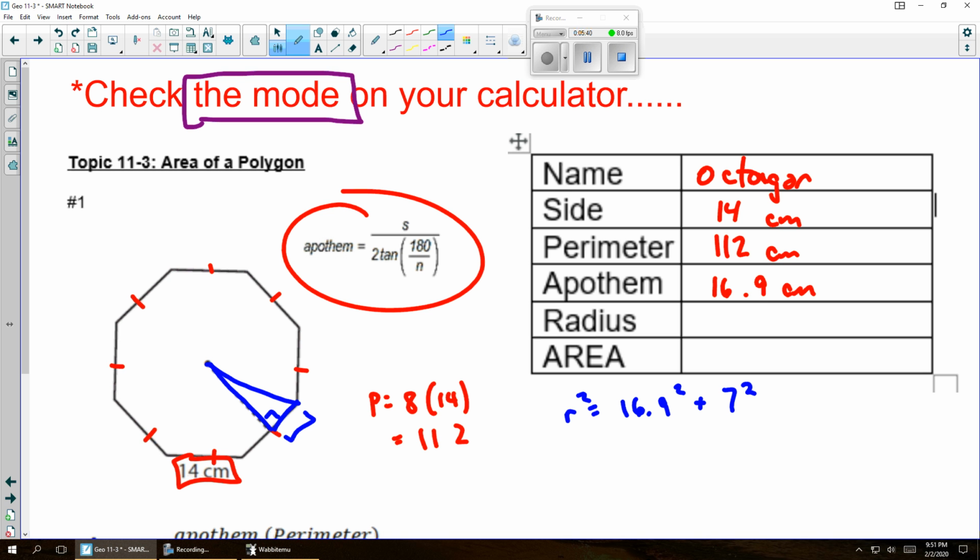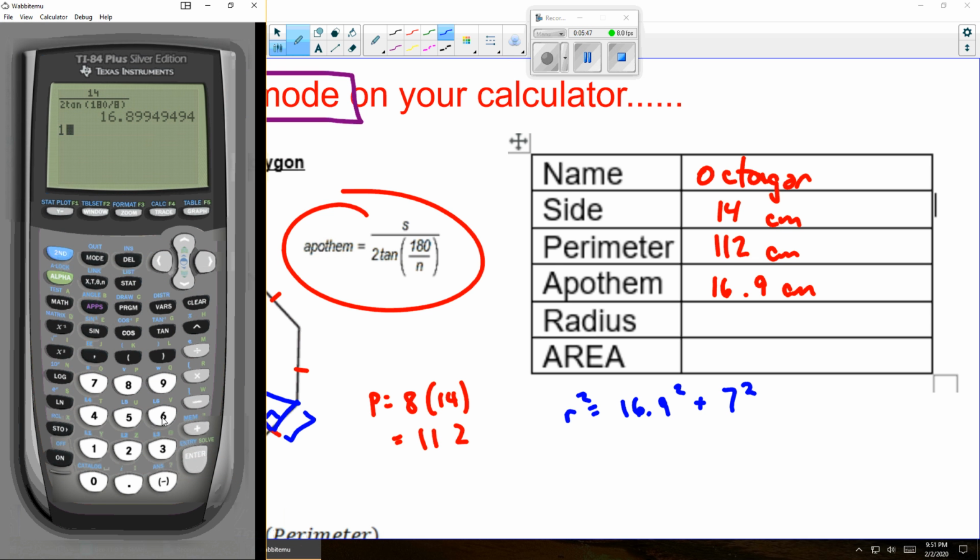So the side was 14, half the side would be 7. So on my calculator, 16.9 squared plus 7 squared. And then I want the square root of that answer right there to get the radius. 18.29, we'll just write 18.3 on this.